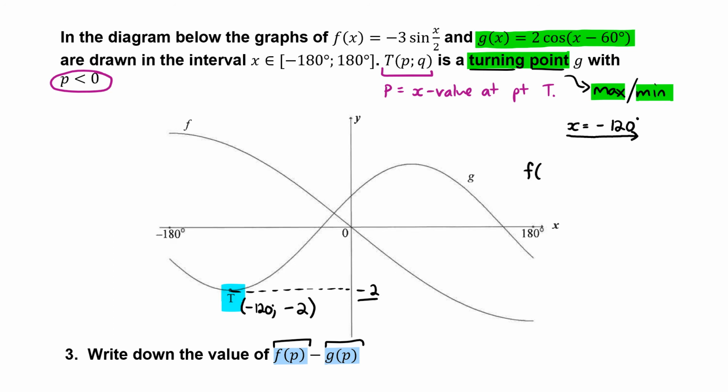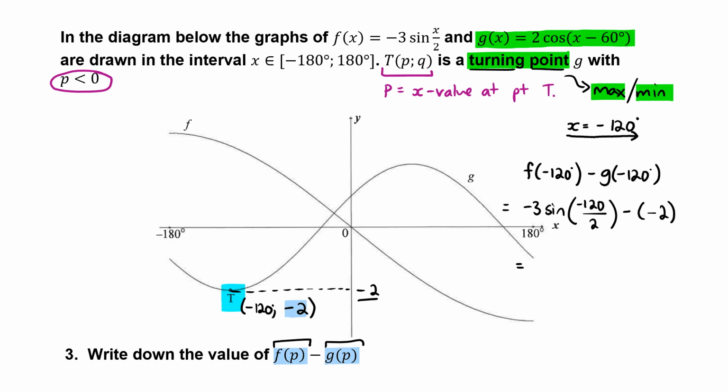So f of negative 120 minus g of negative 120 would give us negative 3 sine of negative 120 over 2 minus, and then g of negative 120 is simply negative 2, because we've already worked that out as our y-coordinate.